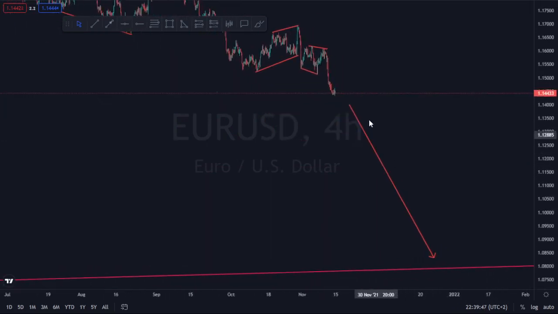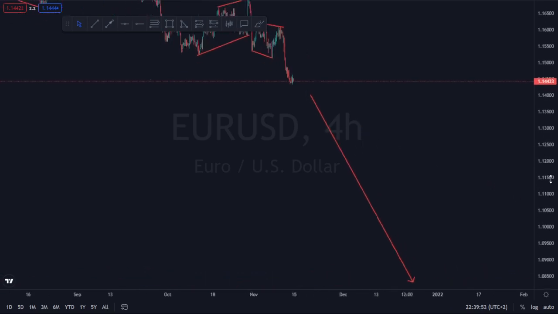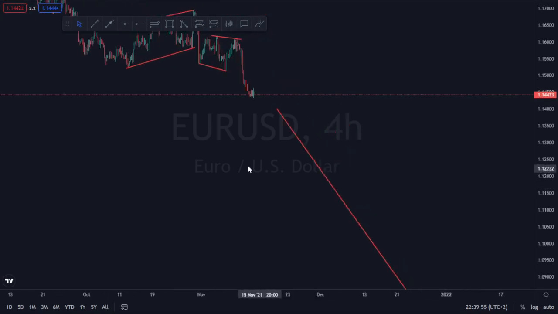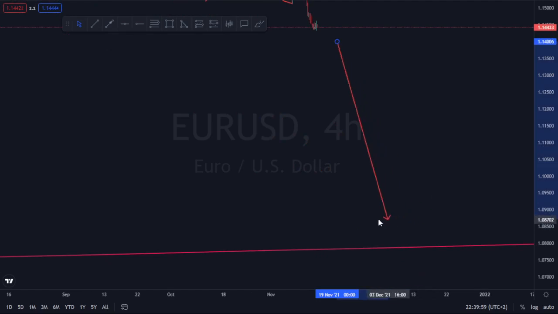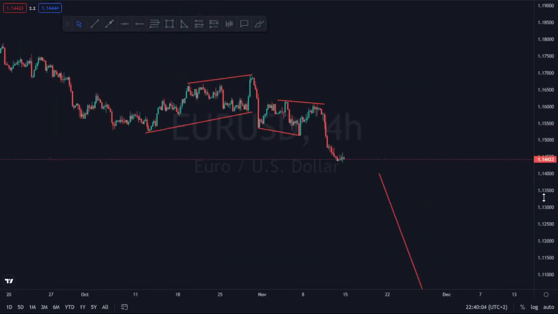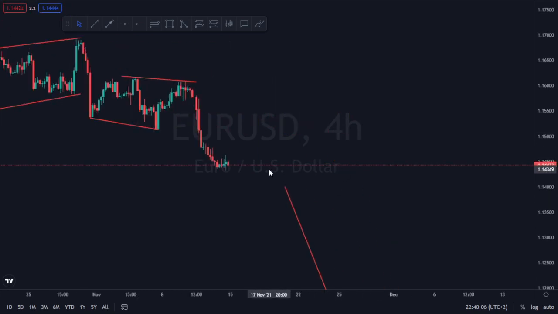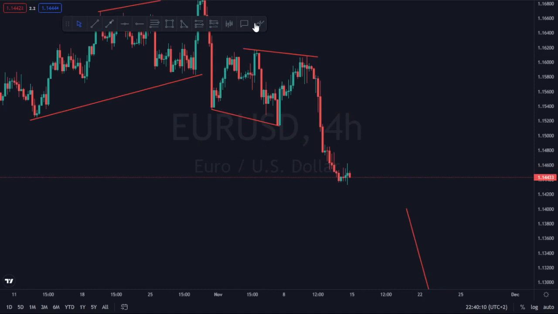Yeah, still the same. The H4 time frame is also in confluence with the daily time frame in terms of direction, guys. So we're looking for sells. At the moment there's nothing really here.